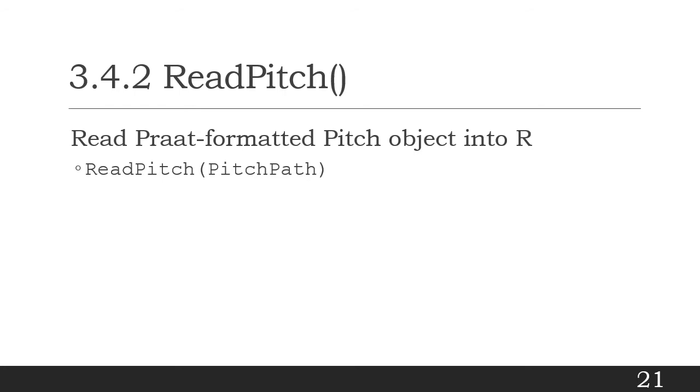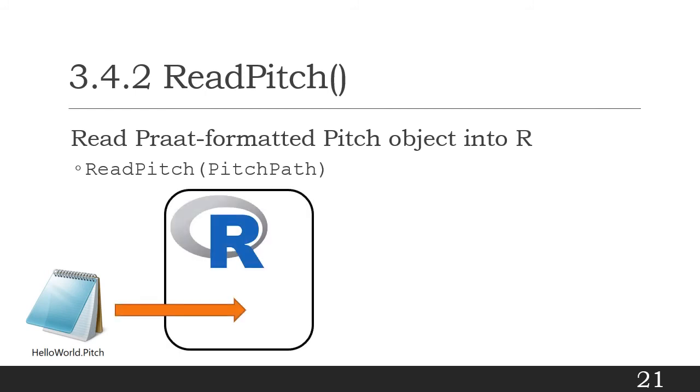Actually, this function does support other ways of exporting as well. But in general, from Praat, you will save the Pitch object as text file, and then you can read that into R. So schematically, after you've saved it from Praat, it looks like this, and then you bring this into the R environment.